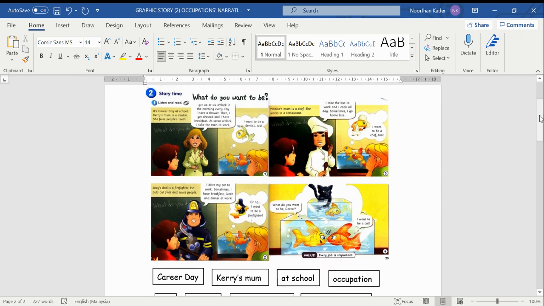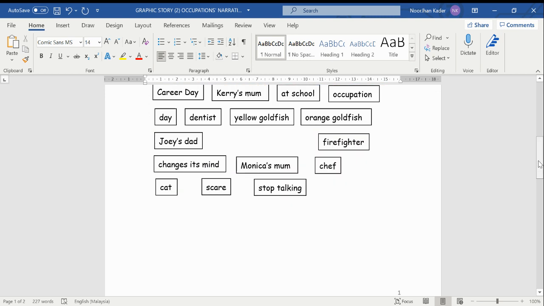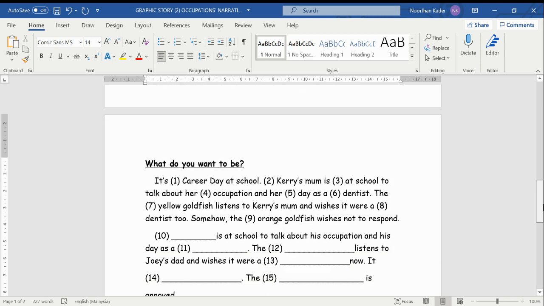Carrie's mom is at school to talk about her occupation. Okay, this is her occupation, a dentist. You see, she's a dentist, and her day in her occupation. Her day as a dentist. So Carrie's mom is at school to talk about her occupation and her day as a dentist. Okay, correct.